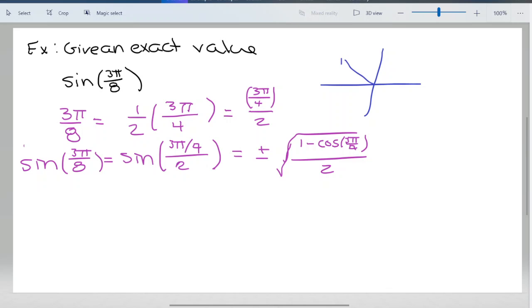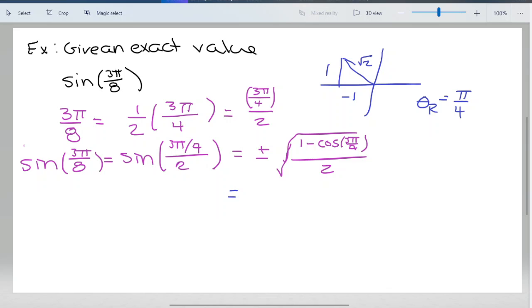It goes here, and my reference angle is going to be pi over 4. This side is 1, this side is also 1, but because it's to the left, I'm going to have a minus. And this hypotenuse is going to be root 2.